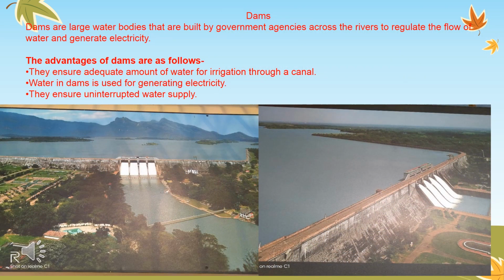In order to make proper use of river water, dams are constructed across the rivers to regulate the flow of water. In our country, dams have been built across many rivers. They are considered mega projects because the large reservoir of a dam stores a huge amount of water, and this stored water is then allowed to flow downstream at the desired rate.